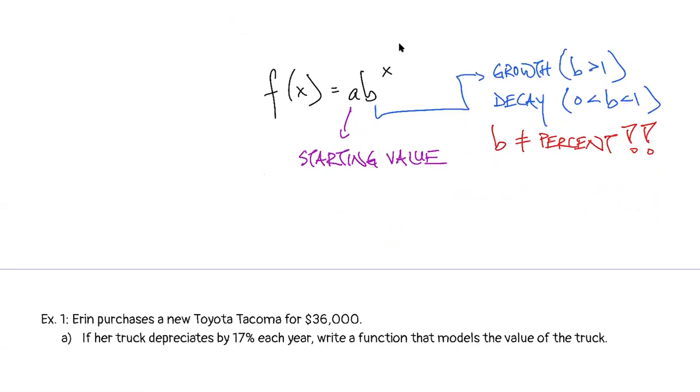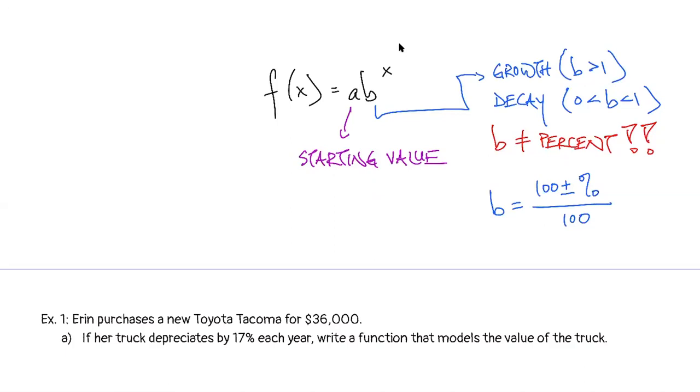So if you want to find b, if you know what the percent is, you can use the following formula. b equals 100 plus or minus the percent divided by 100. Now this is not like the quadratic formula where you add and then you subtract and you get 2 answers, okay?